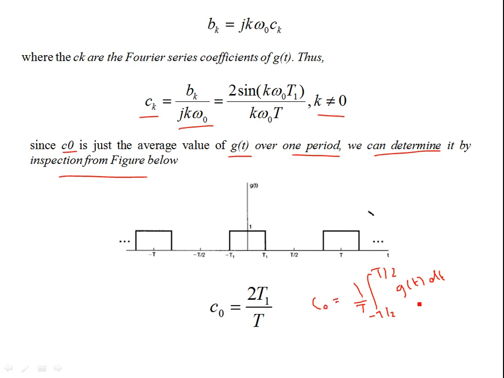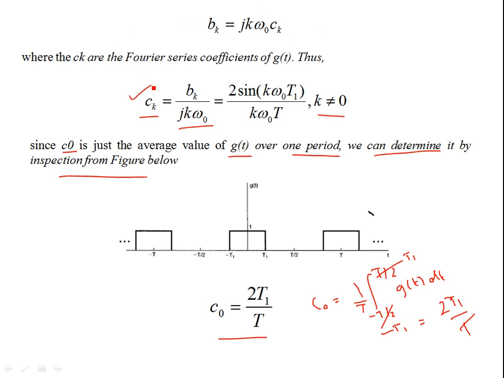For g(t) from minus T/2 to plus T/2, the signal is non-zero only over minus t1 to plus t1. So this becomes twice t1 over T. This is the average, so c naught is 2t1 over T.